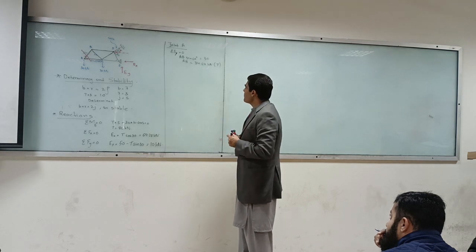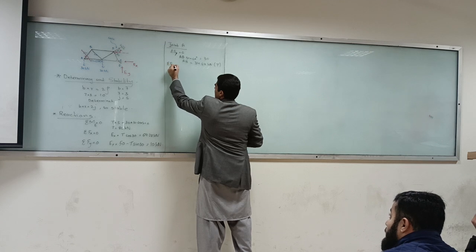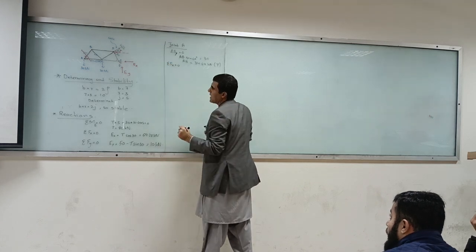Now AB is equal to 34.64, and then we do summation of Fx. What will that be?